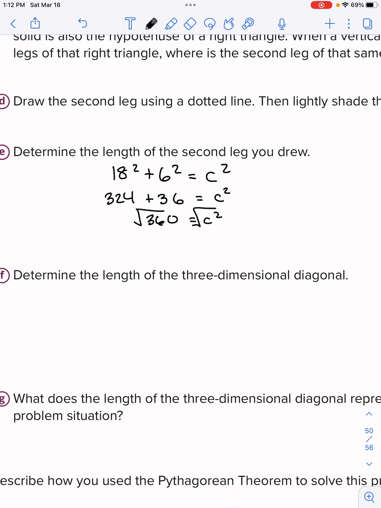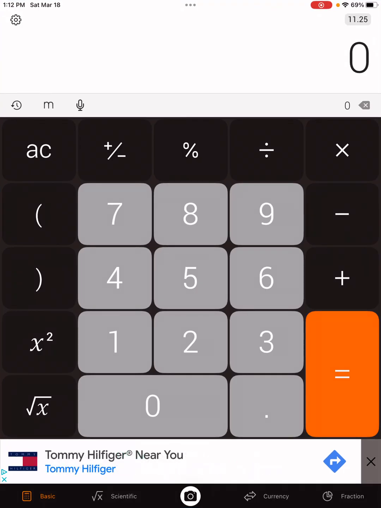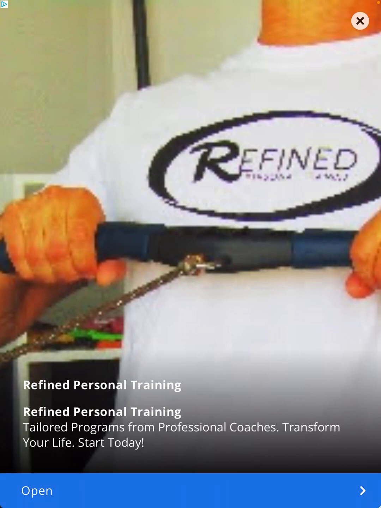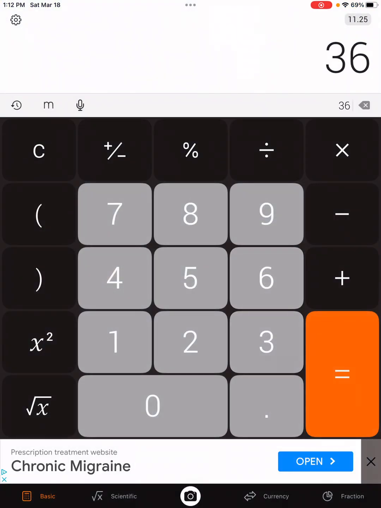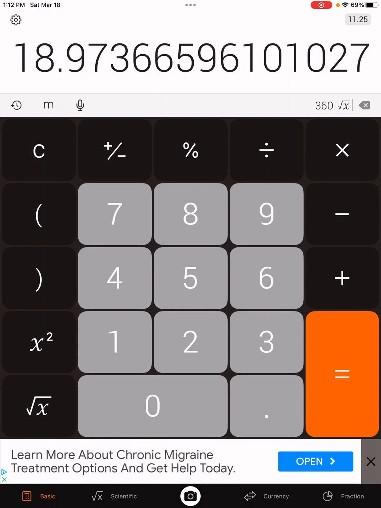So the square root of 360 is 18.9, but the hundredths place is a 7. The 7 will make that 9 go up. 18.97 is really close to 19.